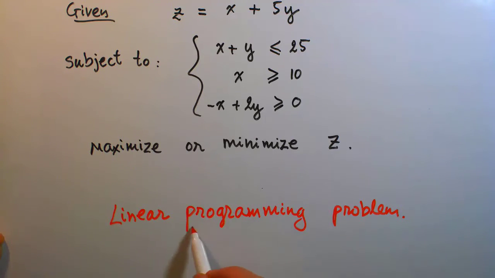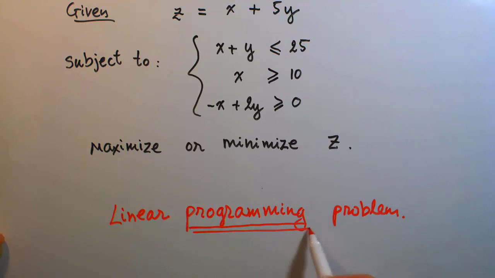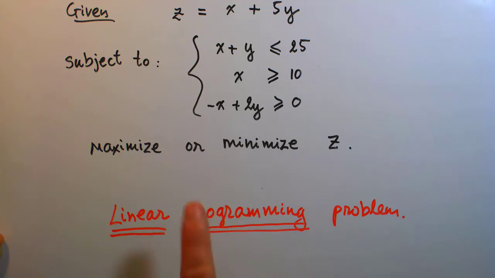So programming means finding the maximum or minimum value of a function based on the given constraints. And since all of the constraints and our function are linear, any of these problems, maximize or minimize, is called a linear programming problem. And for short, many textbooks, including me, tend to refer to that as an LP problem.